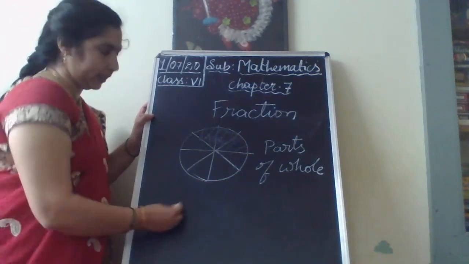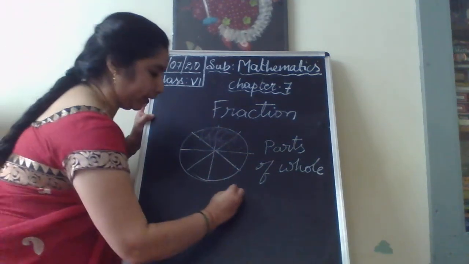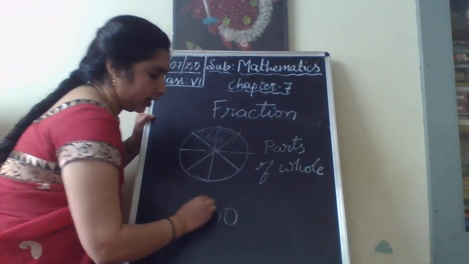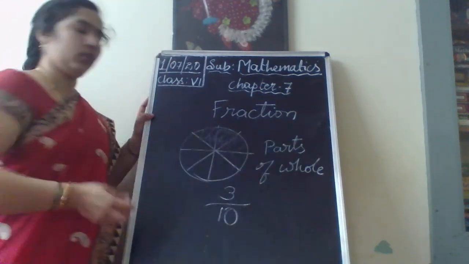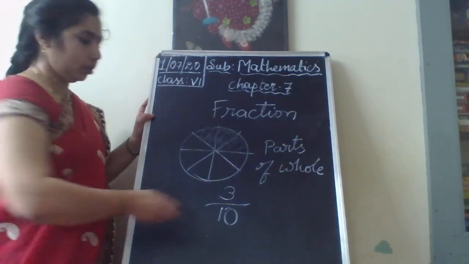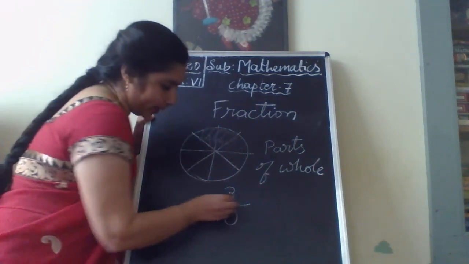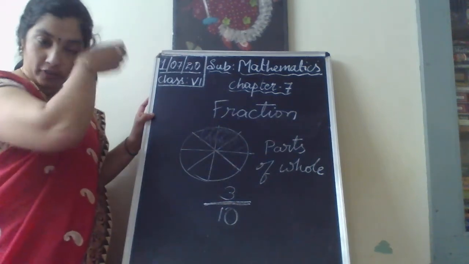Fraction can be represented using 2 numbers separated by a line in between them. That means here out of 10 pieces of cake, he has distributed 3 pieces to the girls. So this is the fraction.